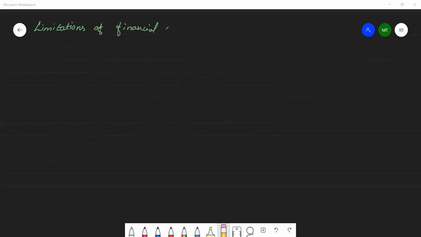First limitation: all the limitations of financial statements, such as ignoring non-monetary information and ignoring price level changes, etc., are applicable to financial statement analysis also.